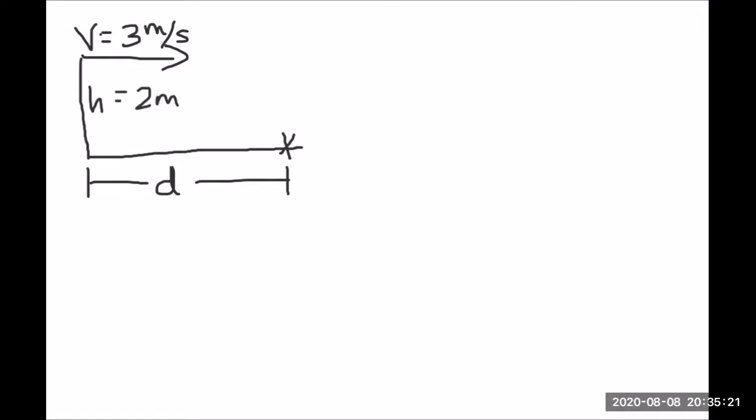Again, we're going to ignore air resistance and assume that gravity is 9.8 meters per second squared. So we're always going to use that. Anytime there is a vertical in your question, assume you need to account for gravity.